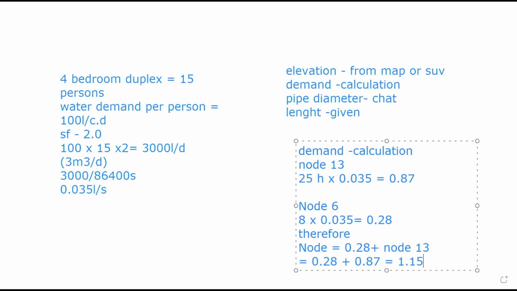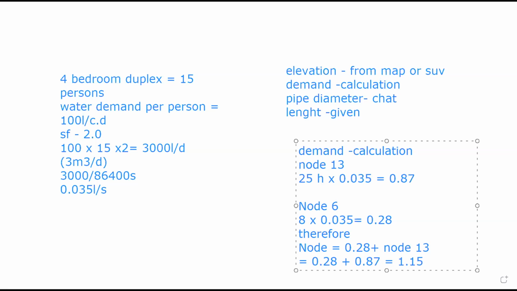So I'll go to my table and fill it in. This is node 6 to 13. So here I'll fill in 1.15. Then under node 13, where's node 13? This is node 13 here.